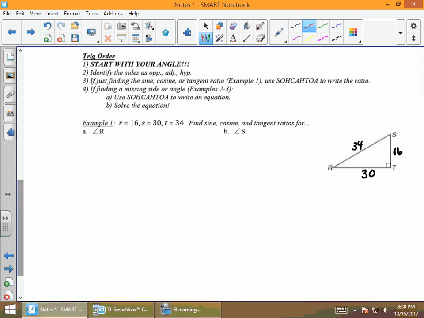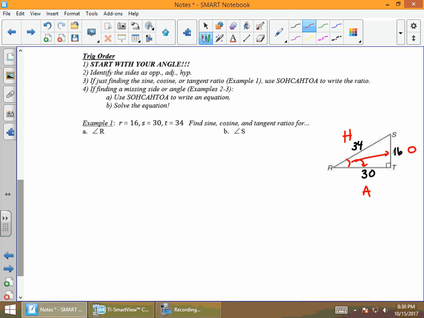So, in part A, it wants us to identify angle R. So here is my angle R. So this 16 over here is opposite of angle R. The other leg that is touching it is the adjacent, and across from the right angle is the hypotenuse. So the first thing I want to do is I want to identify the opposite, adjacent, and the hypotenuse.